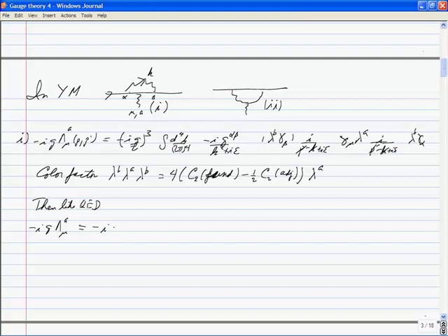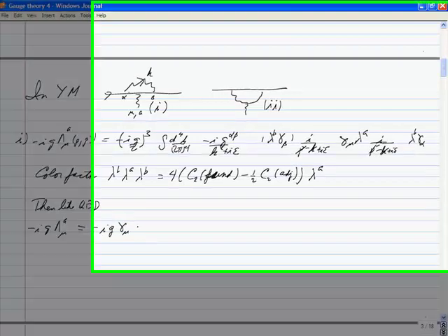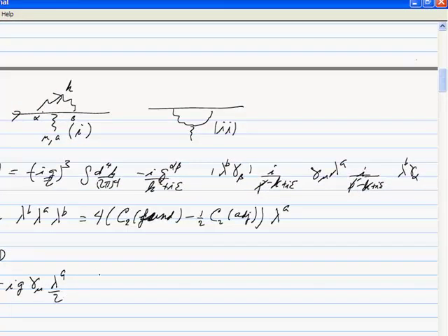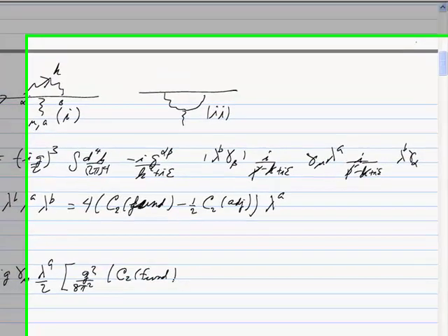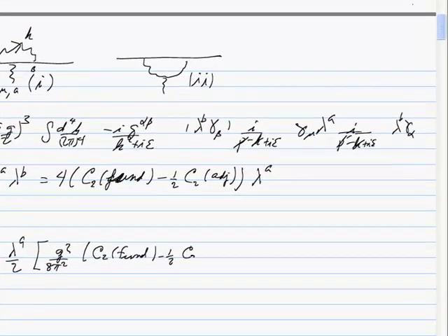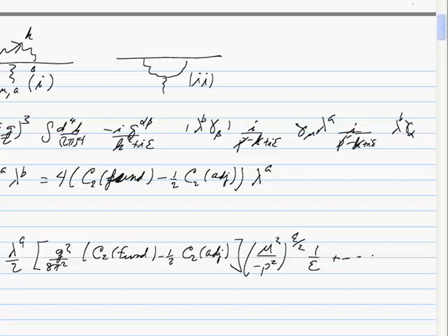Minus ig gamma mu lambda A over 2, that's like the bare vertex. Then I get g squared over 8 pi squared, this C2 of the fundamental, minus 1/2 C2 of the adjoint. I've got my mu squared over, let's call it minus p squared, to the epsilon over 2, 1 over epsilon plus dot dot dot.